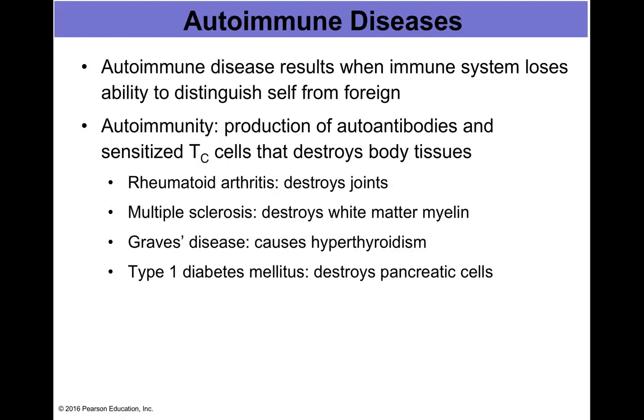Graves' disease, which causes hyperthyroidism, and we'll talk about that in Bio 251. And type 1 diabetes mellitus, where your immune cells attack and destroy a category of cells called beta cells within your pancreas, responsible for the production of insulin.